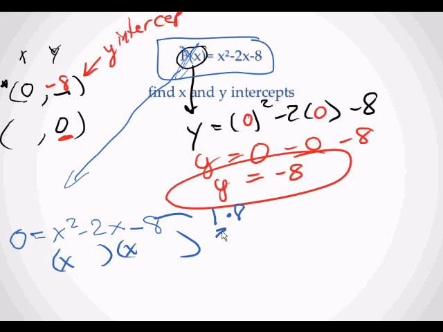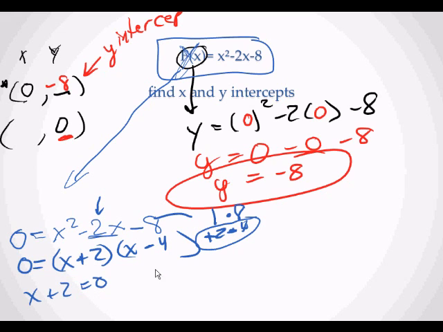Well, in this case, I just have to factor. To solve for x, I have to factor, and then factors of 8 are 1 times 8 and 2 times 4. 2 times 4, if you look at a positive 2 and a negative 4, when you add them, you get the negative 2 here. Positive 2 and a negative 4.